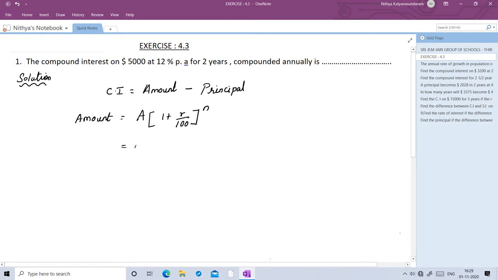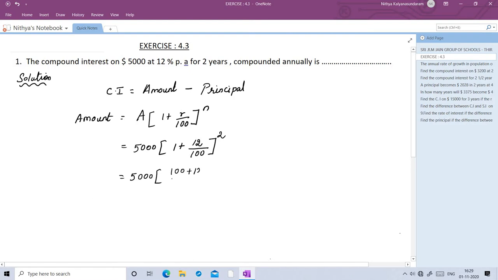So A is 5,000, 1 plus R is 12%, 12 by 100 whole power n. So n is 2 years. 5,000, cross multiply: 100 into 1 is 100 and 100 plus 12 is 112.